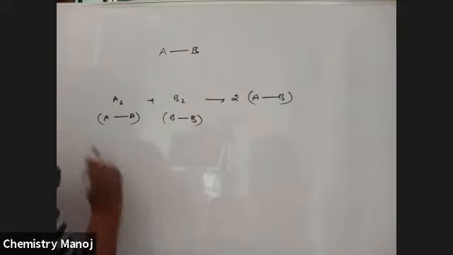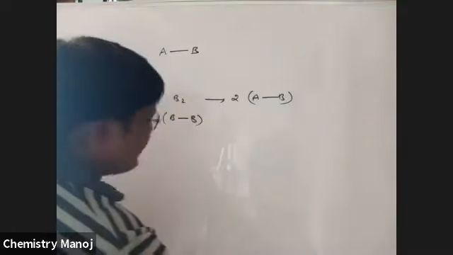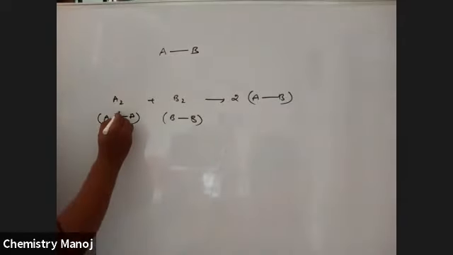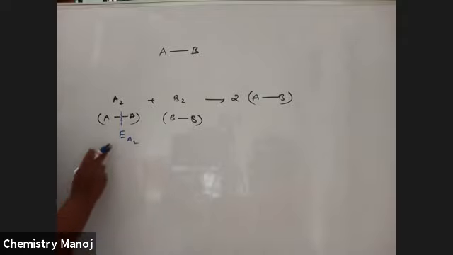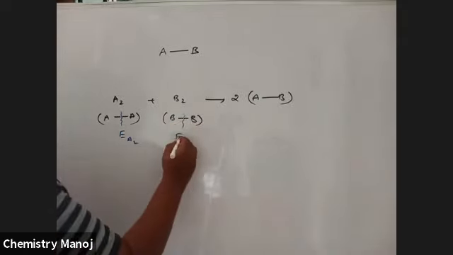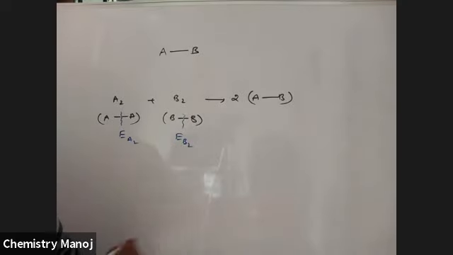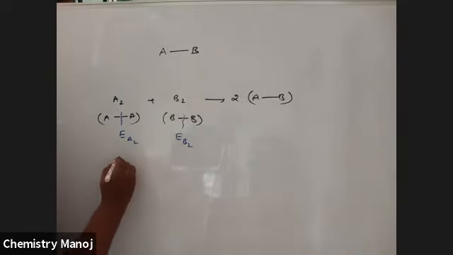Now, here is energy. See here. There is a need of energy to break this bond, that is called EA2. This is the bond dissociation energy of the A2 molecule. Now, this is EB2, the bond dissociation energy of the B2 molecule. So, these two are energy-absorbed processes. During the bond formation, two A atoms are formed, two B atoms are formed.